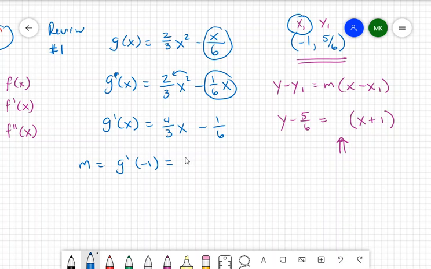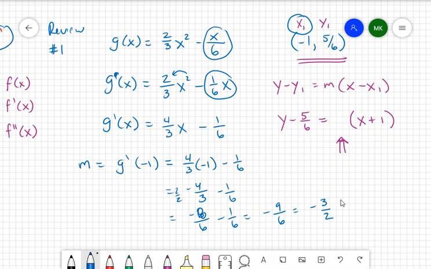So if I plug negative 1 into that function, I have 4/3 times negative 1 minus 1/6. That would be negative 4/3 minus 1/6. Common denominator would be 6, so I'll have to multiply by 2 on this first one. Negative 8 over 6, sorry, minus 1 over 6 equals negative 9 over 6, which reduces by 3. So my slope is negative 3 over 2.